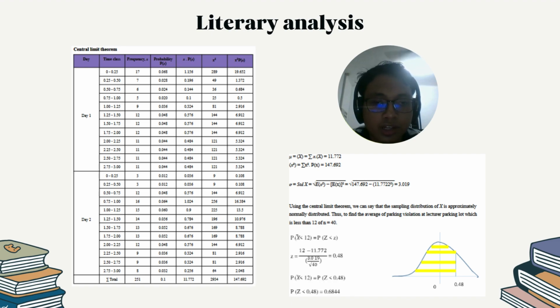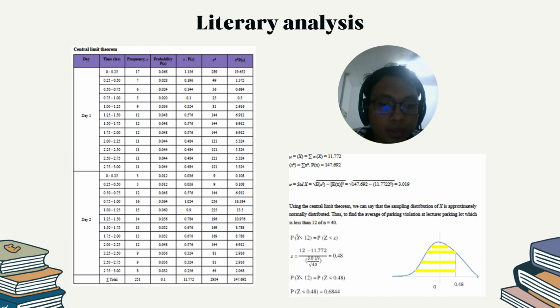So for the analysis of both days, we find that the mean for the parking violation is 11.772 and the variance is 147.692 and the standard deviation for both days is 3.019. So using the central limit theorem, we can say that the sampling distribution of X is approximately normally distributed.